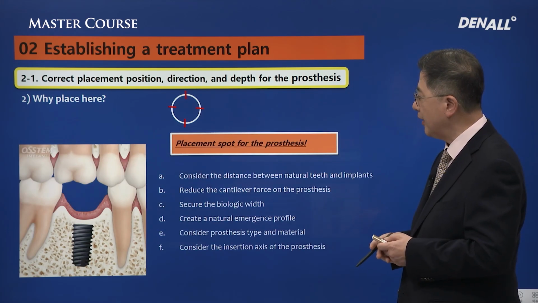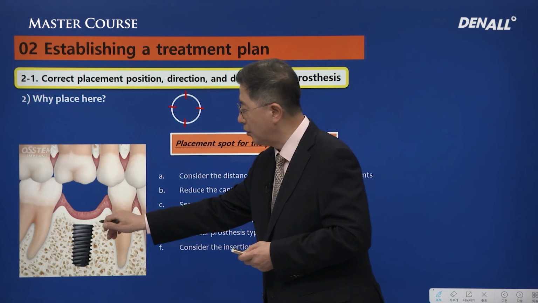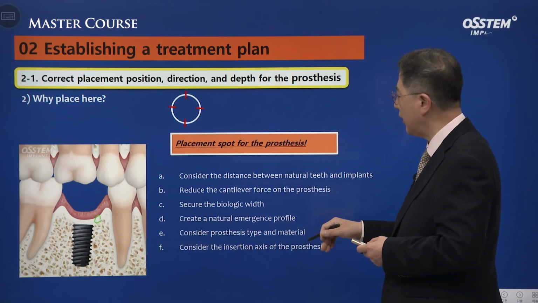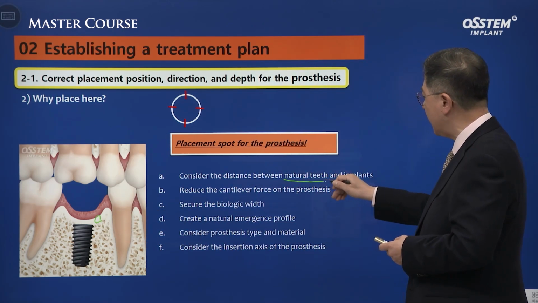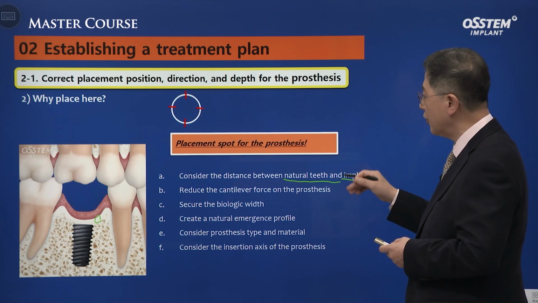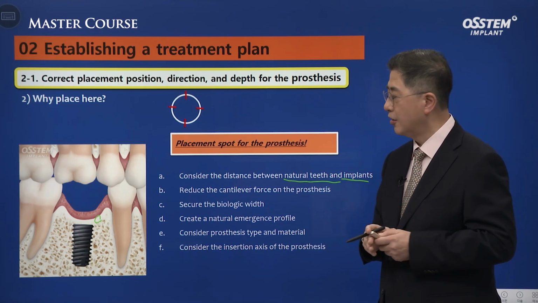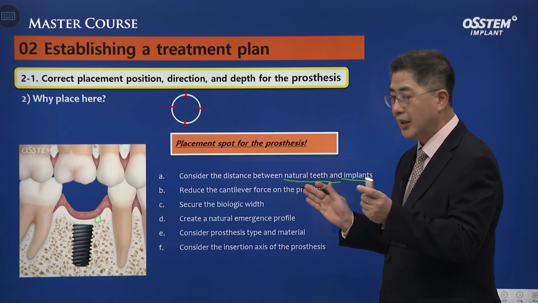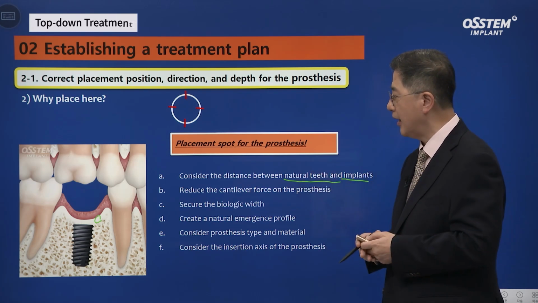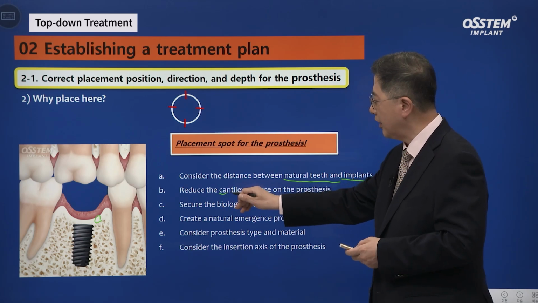When we place implants from the buccal aspect, several factors must be considered. Ideally, the implant should be positioned to maintain an appropriate distance from natural teeth, as often discussed. This typically means a 1.5 millimeter distance from natural teeth and a 3 millimeter distance between implants.